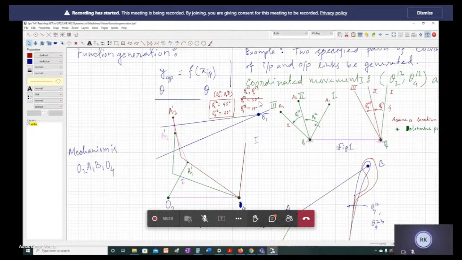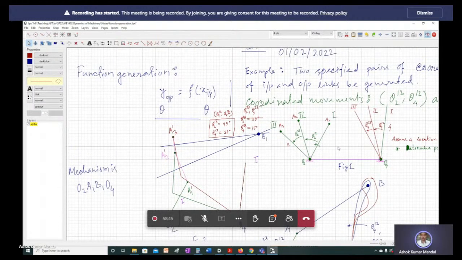The problem depends on the requirement of the problem. Sometimes we have a constraint of space. You want to use a mechanism, there is a space constraint. So the hinge points O2 and O4 in a machine or in some system, the support points are sometimes available and you have to use these support points only.